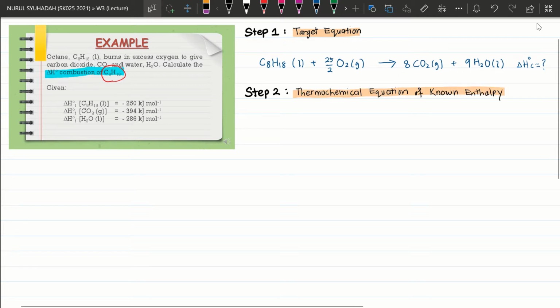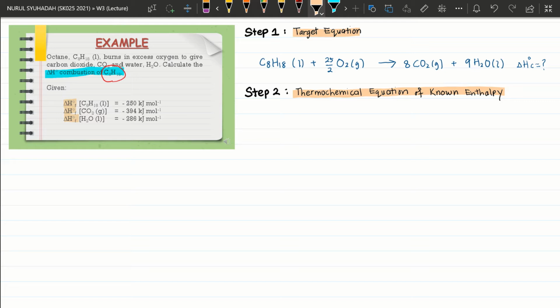So step number 2, writing down the thermochemical equations of known enthalpy. This is the known enthalpy, and the enthalpy given to us is delta H formation. So recall, what is the definition of delta H formation?